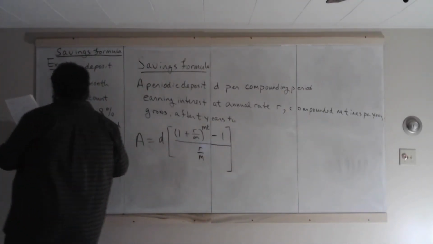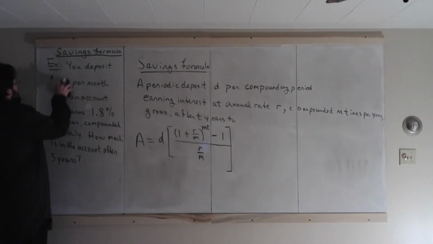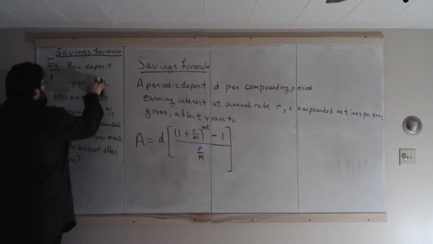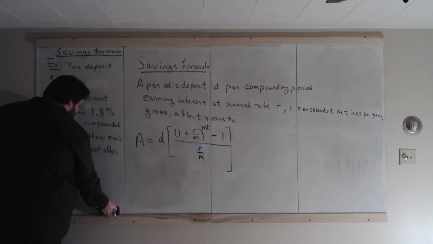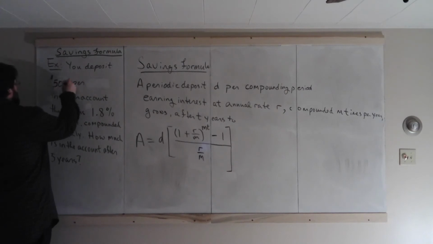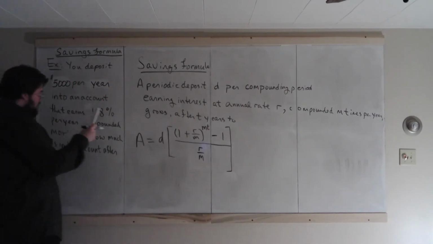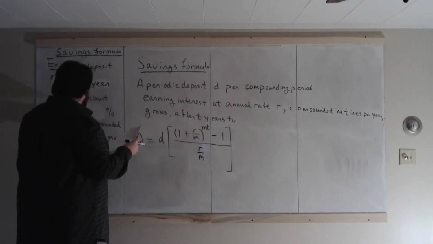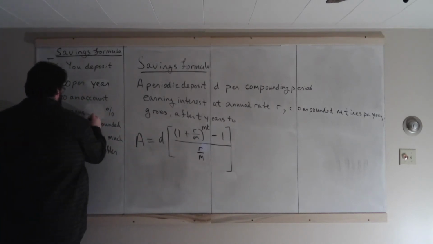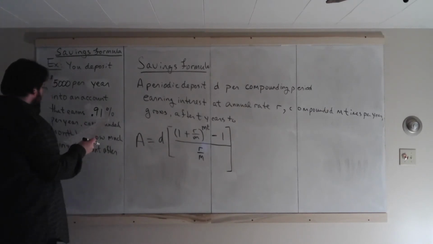And I'm just going to change these numbers over here. You deposit $5,000 per year into an account that earns 0.91% annual interest compounded.